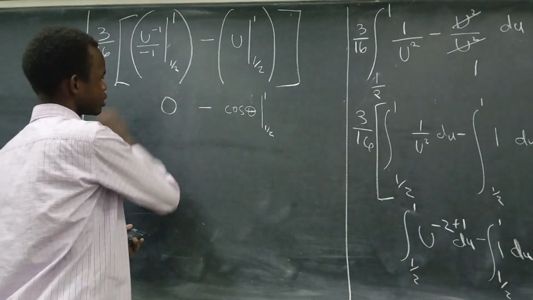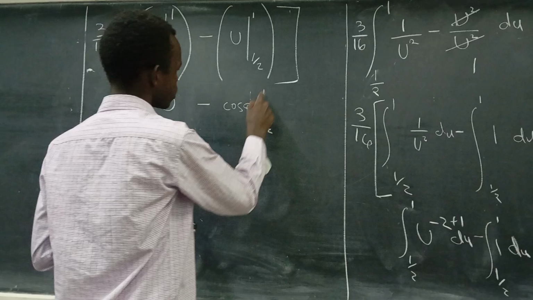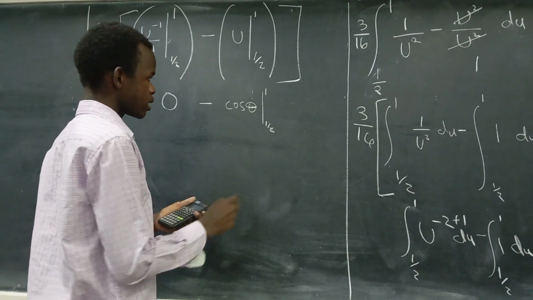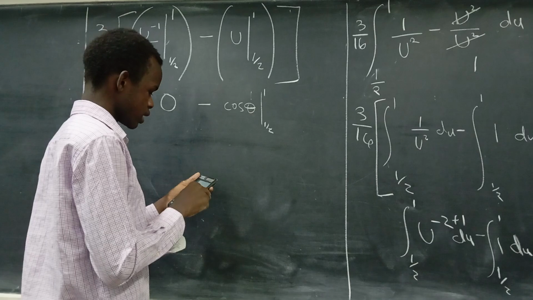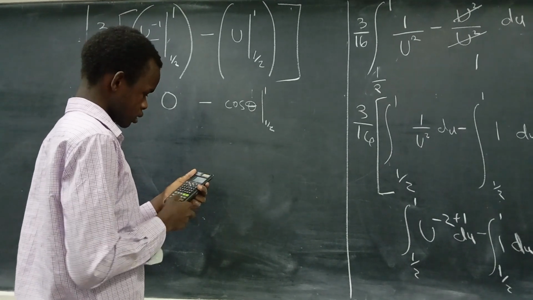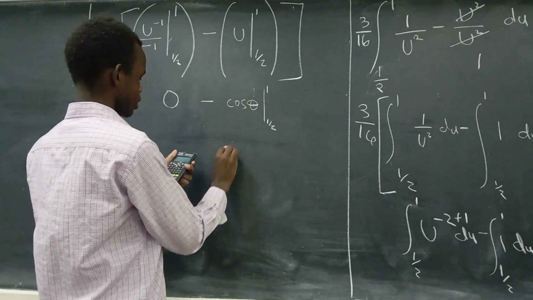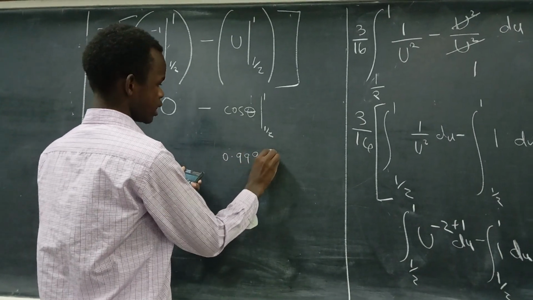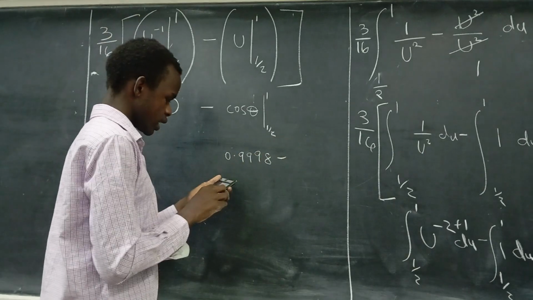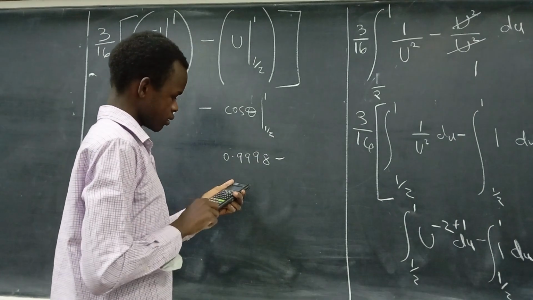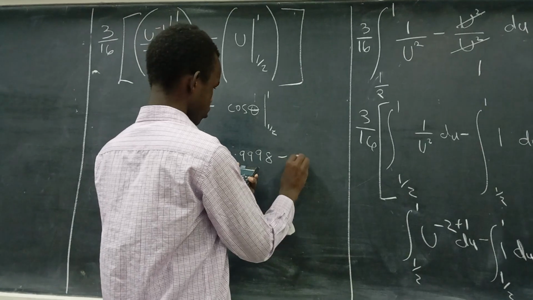Then I'll be having 0 minus, again, what's cos of 1? Cos of 1 is just the same as, okay, I'll just write cos of 1. Cos of 1 is 0.9998 minus cos of the half, cos of 0.5.